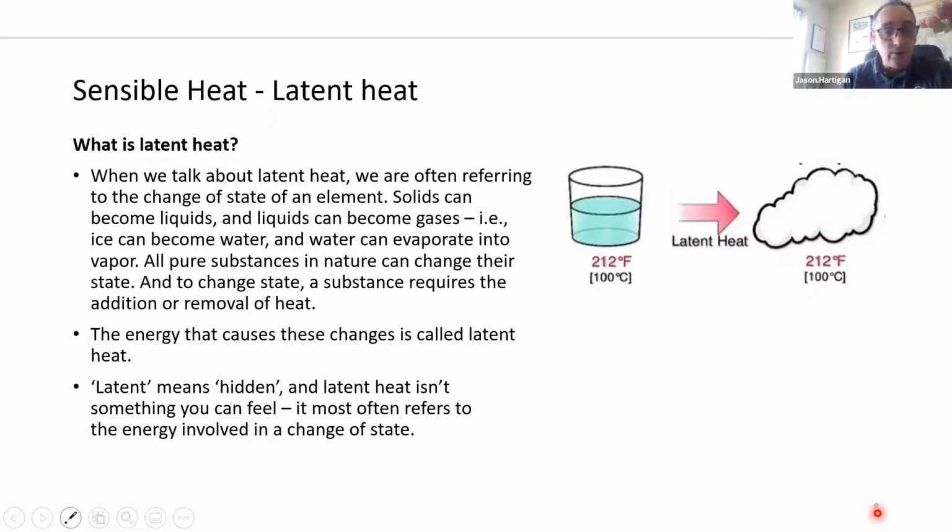The energy that causes these changes is called latent heat, hidden heat. Going back to Joseph Black's earlier experiments, when he applied sensible heat to his glass of ice, the ice began to melt, but the temperature didn't go up. Once it gets to 100 degrees, then it'll change phase. It'll change into a vapor. So where is all that energy going?